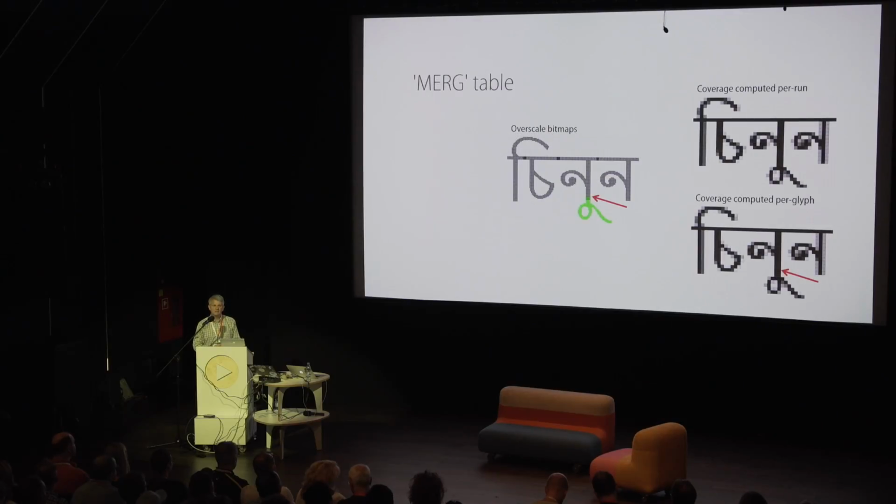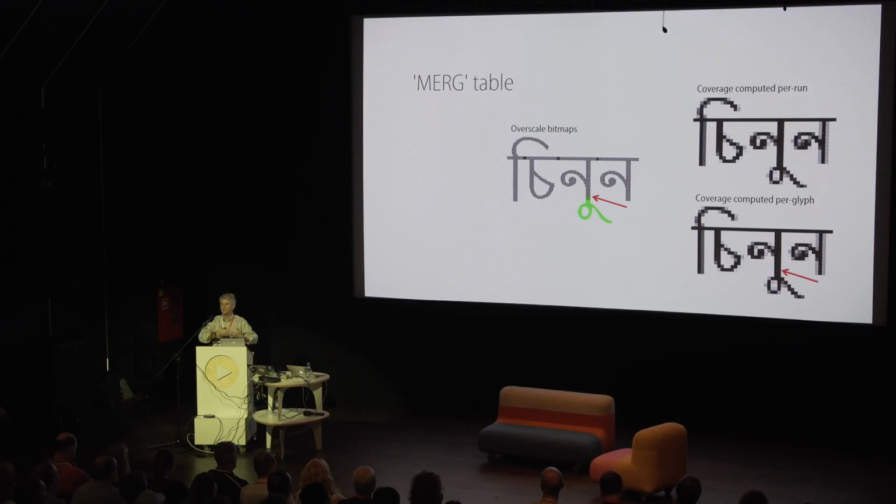We've added a merge table. The merge table can be used to provide a good balance between good quality rendering and performance. When you're doing anti-alias filtering, some implementations like to cache the results in order to improve performance. And so you take the cached result of a rendered glyph after anti-alias filtering and then compose those together.